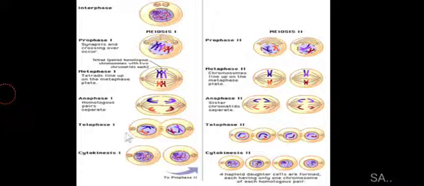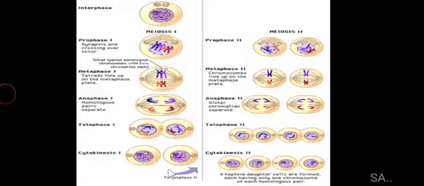After anaphase 1, telophase 1 will start, and at telophase 1 these homologous chromosomes have reached their poles, the nuclear membrane and nuclei reappear, and the centriole is formed back again. You can see the cleavage here, and at cytokinesis 1 the cytoplasm will also divide and two daughter cells will be formed, but they will be haploid in number. You can see the reduction here easily.